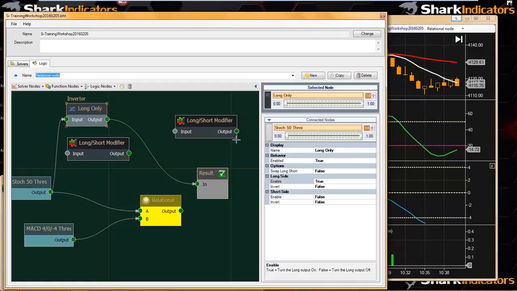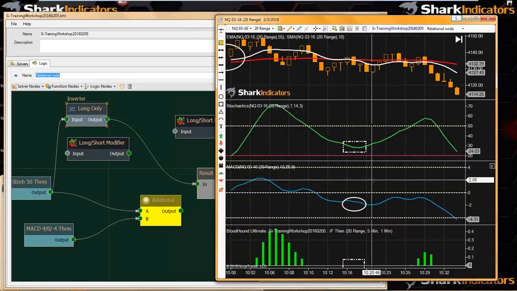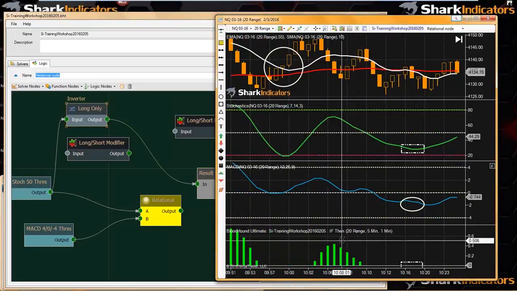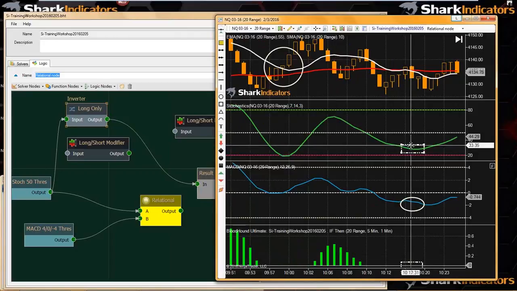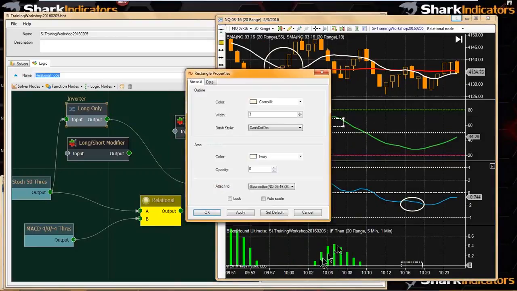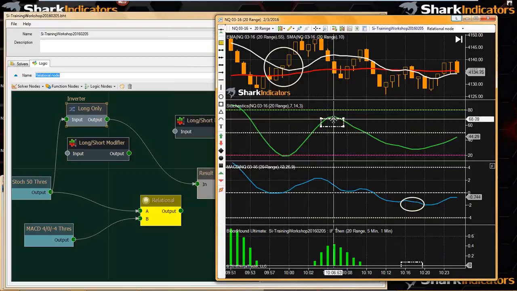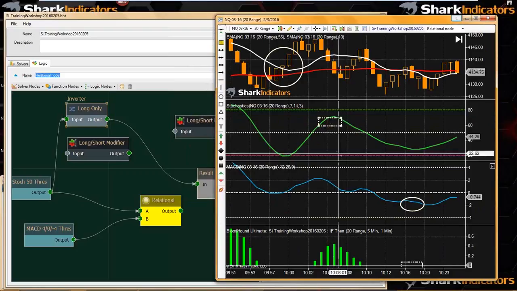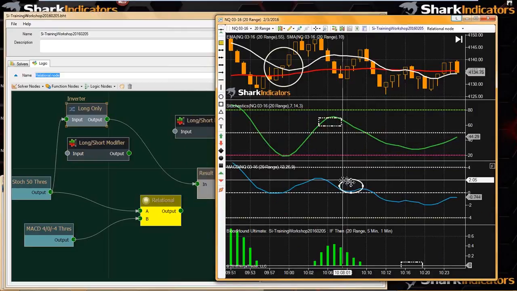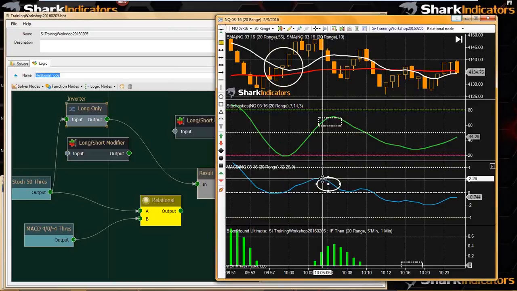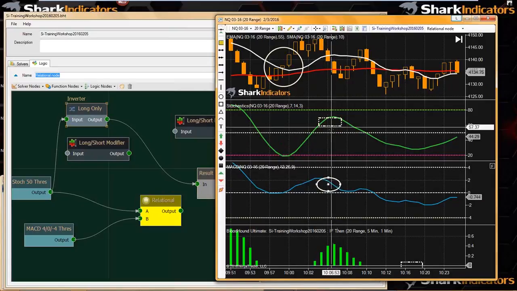So this solver is only allowing the long output from the stochastics, right? And so, let's say we wanted to add the long output from the MACD to the stochastic.